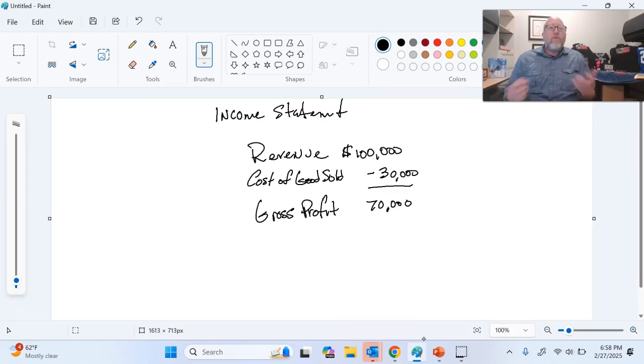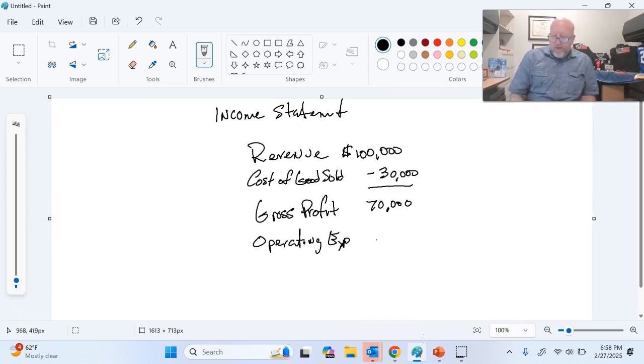We call all of those costs beyond the physical products that we're selling operating expenses. And so we will subtract operating expenses from gross profit, and I can make up some number again.